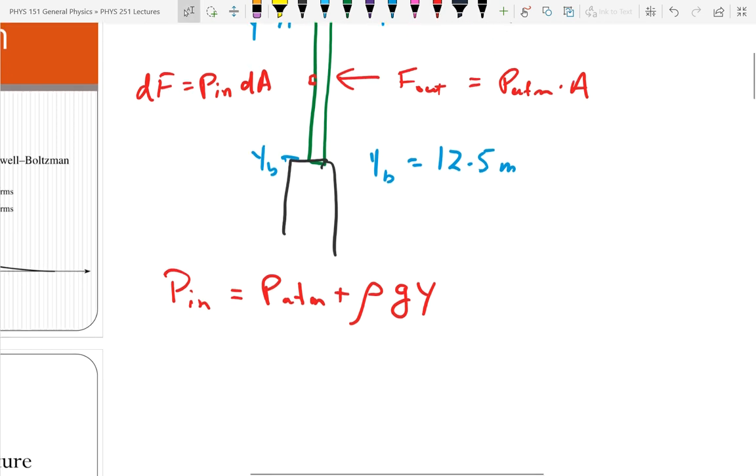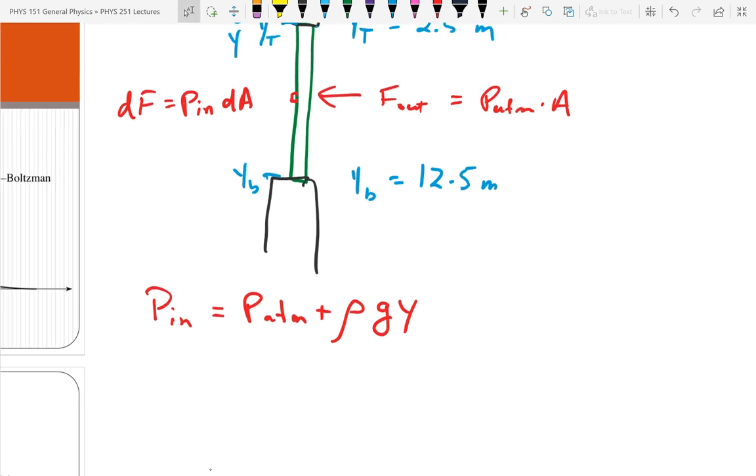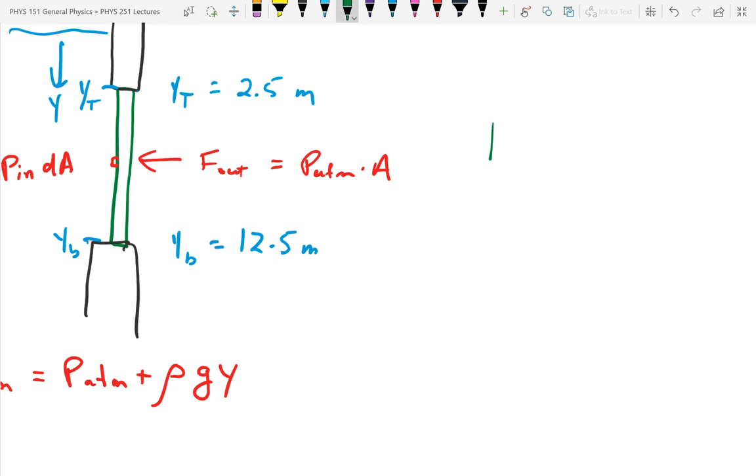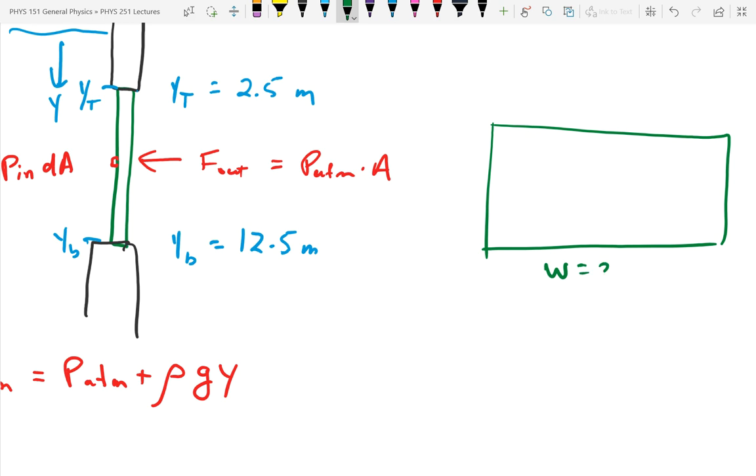And my dA, if you look at a side view of the window, it has a width equal to 20.0 meters. And of course, it has a height of 10.0 meters. And so some little piece dA, I'm going to go like this.